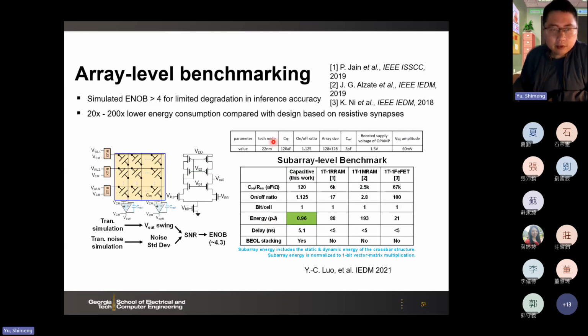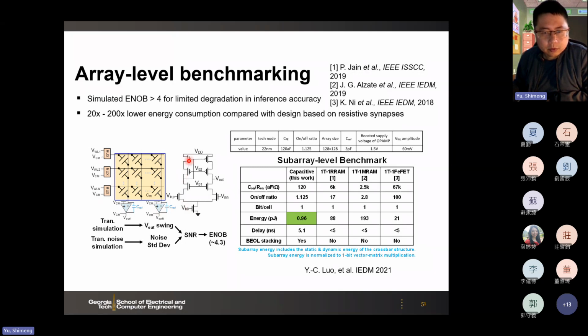And then if we want to scale up the system, we have to do some simulation or projection benchmarking. So here, let's assume we can increase the size to 128 by 128, and then design this entire circuit at the 22 nanometer node with op-amp and so on. Here we have used a very simple op-amp to minimize the overhead of the op-amp.